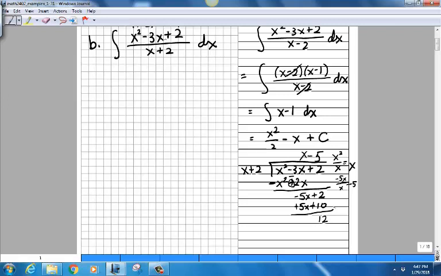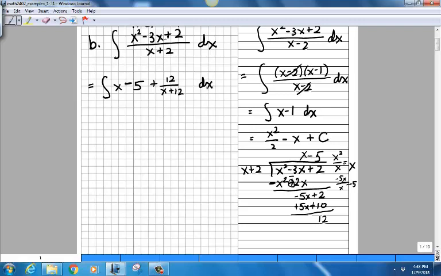All right, now we haven't done any integration yet, right? We just carried out the long division. So we can rewrite the x squared minus 3x plus 2 over x plus 2. We want to rewrite that as x minus 5, because that's the quotient, right? And then we take the remainder and divide that by the original divisor.